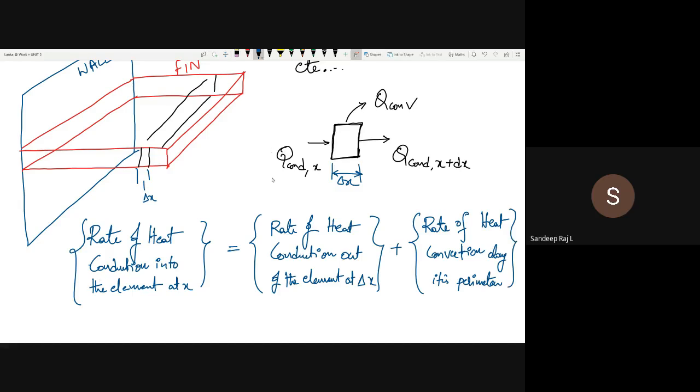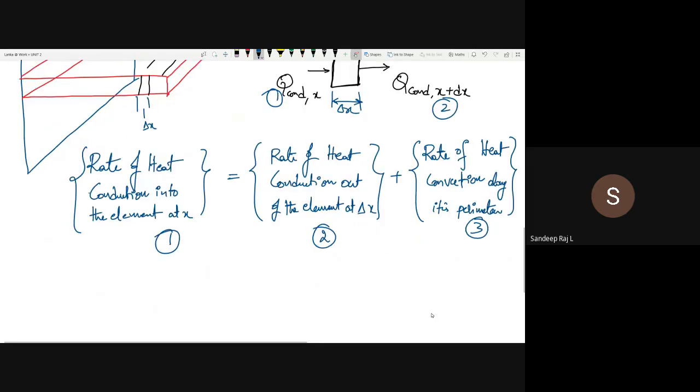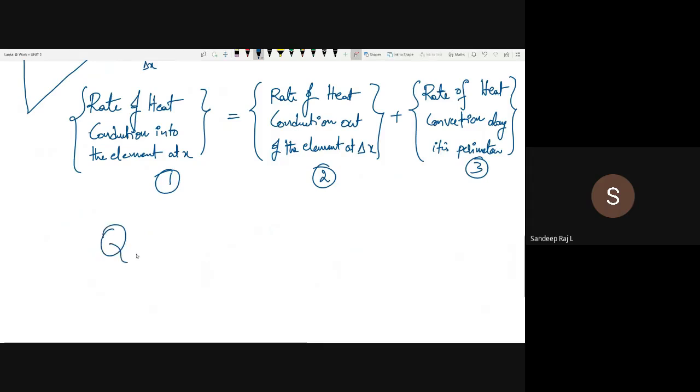So what I have done is I have taken this, let me call this as 1, this as 2, this as 3. So this will become 1, this will become 2, and this will become 3. Okay, so that's what I've done basically. If I have to write it in simple terms, Q conduction at x will be equal to Q conduction at x plus dx plus Q convection.